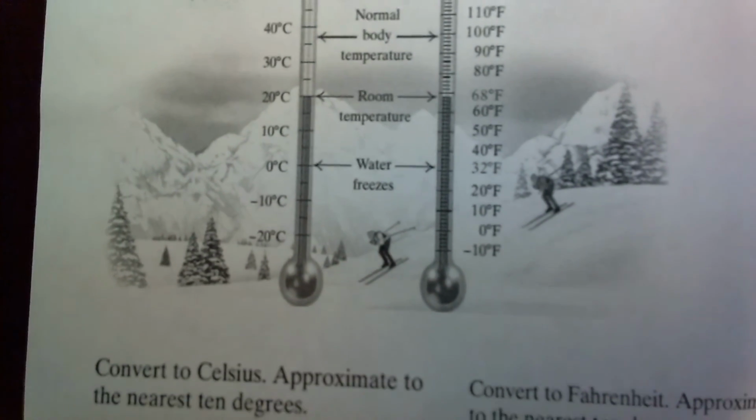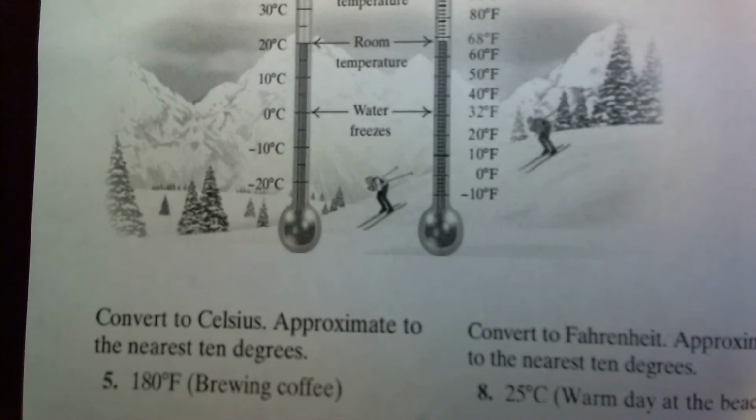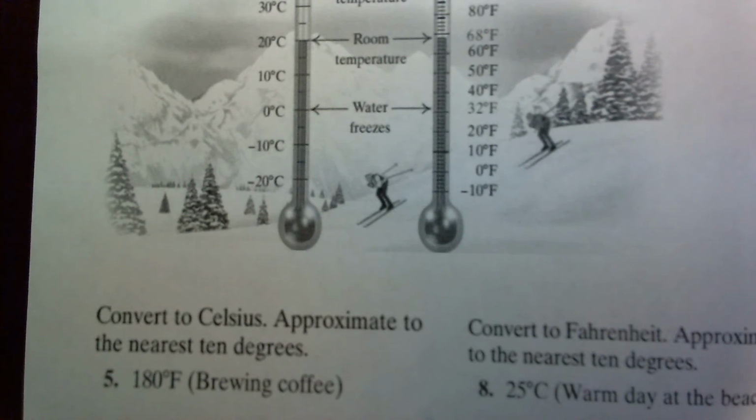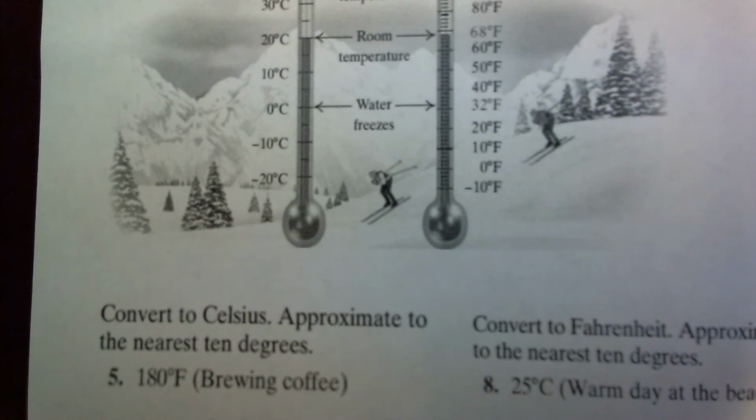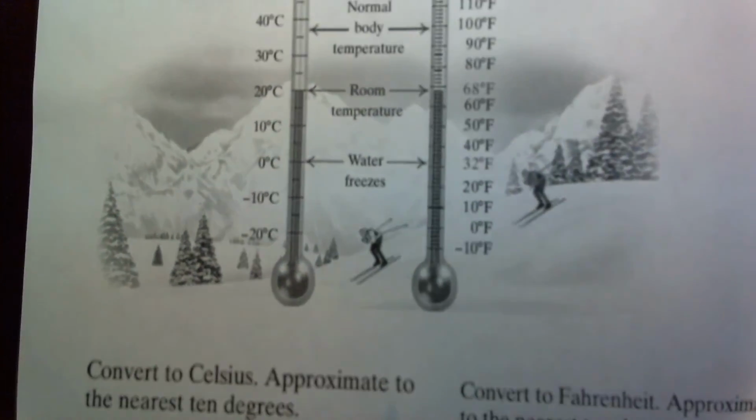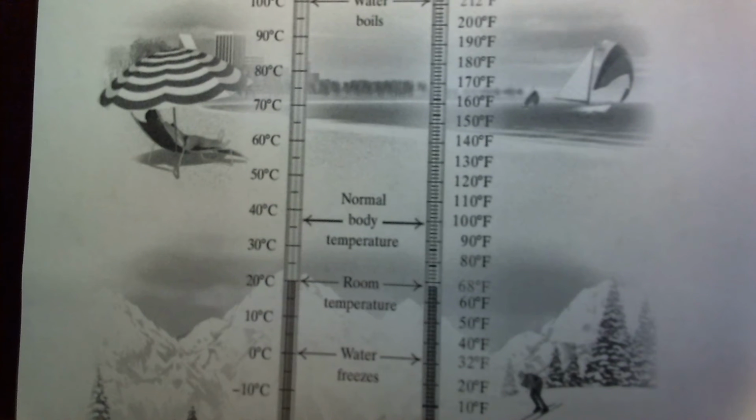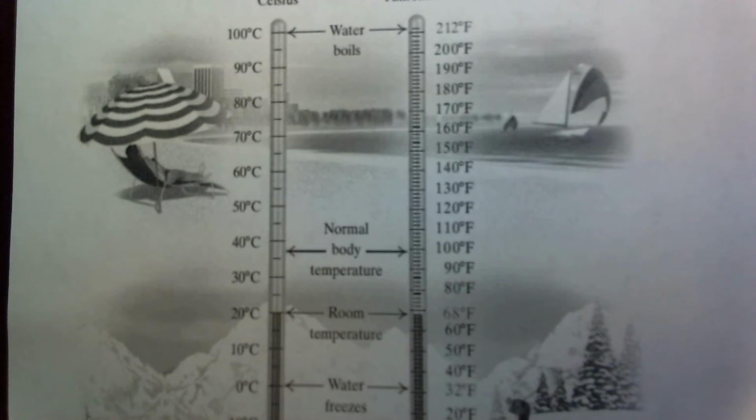And so the next few exercises, what we're going to do is convert degrees Fahrenheit to Celsius, and we're supposed to approximate this to the nearest 10 degrees. And we're going to use these 2 temperature scales as an approximation.